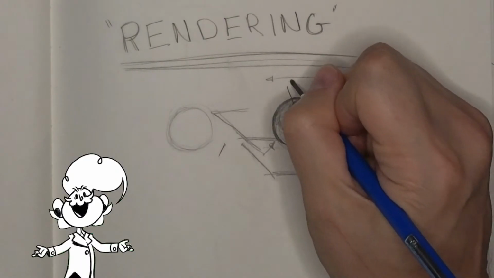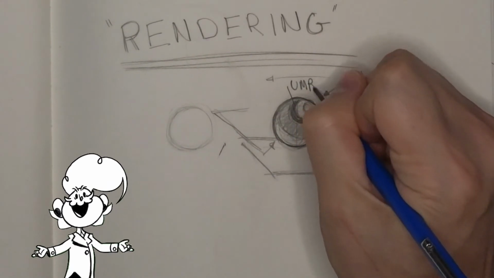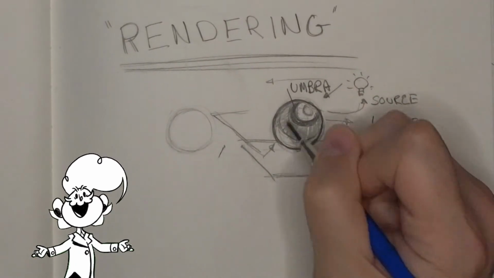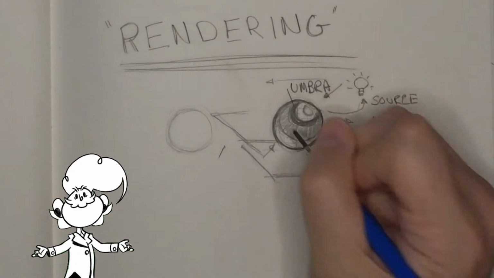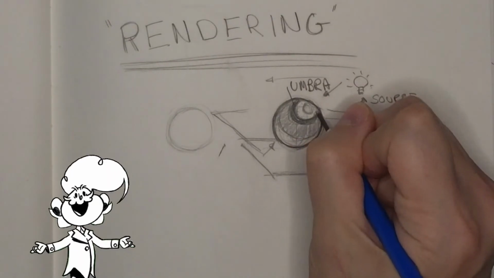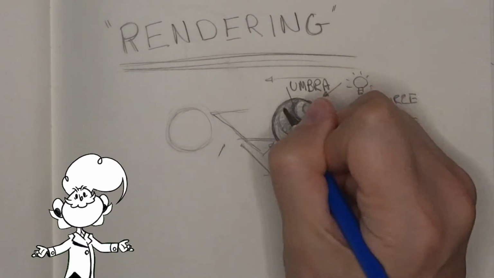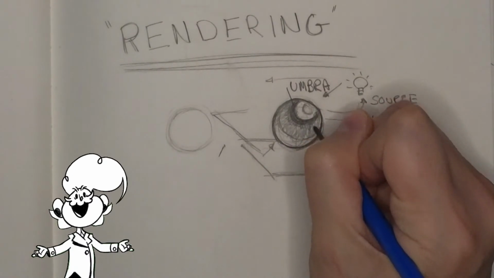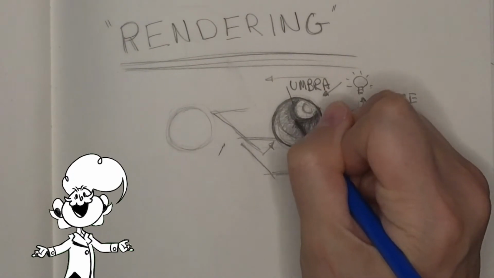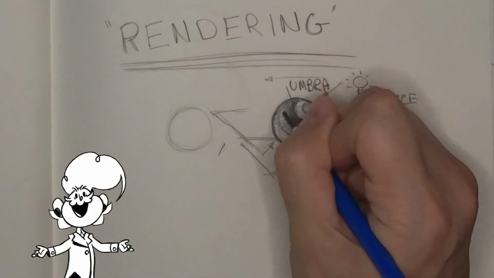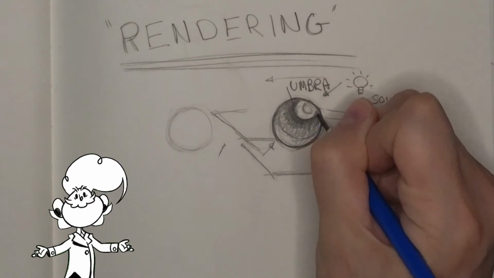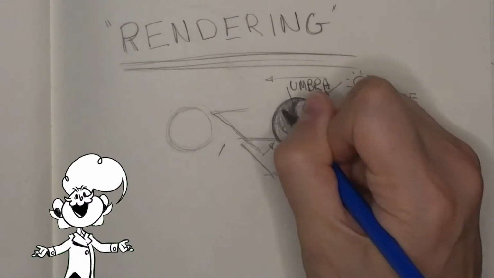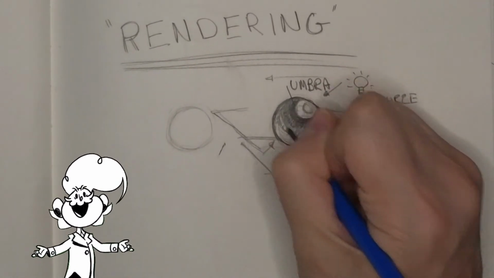Umbra is the darkest area of an object, of a form, of rendering. And it should fall off from there, which is to say it's going to act as a gradient from that point, and it's going to fall off.